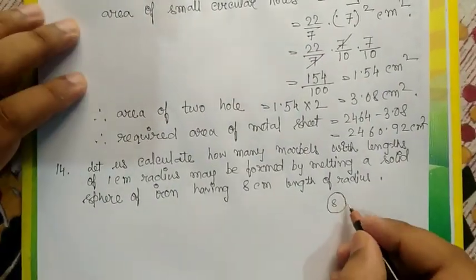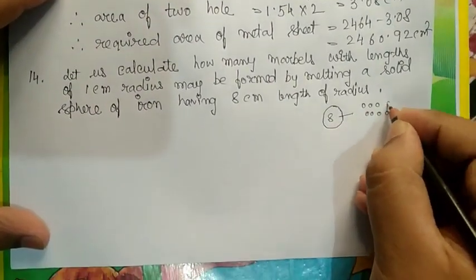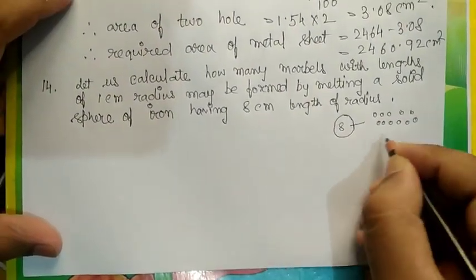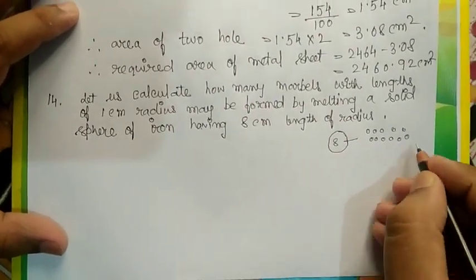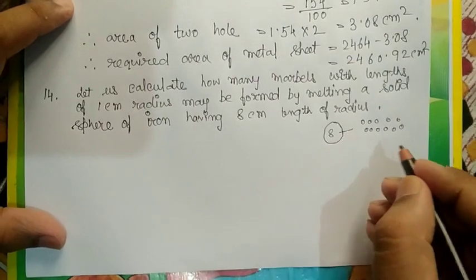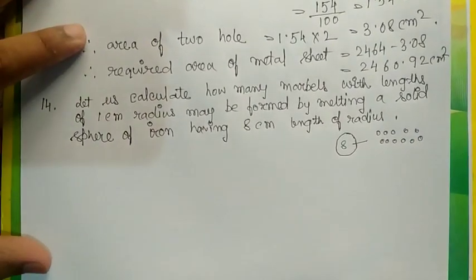So therefore we don't know the numbers, we have to find out the numbers. From melting these, first of all we formed 1 centimeter radius solid spheres.